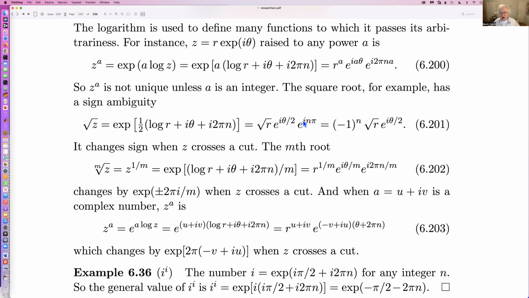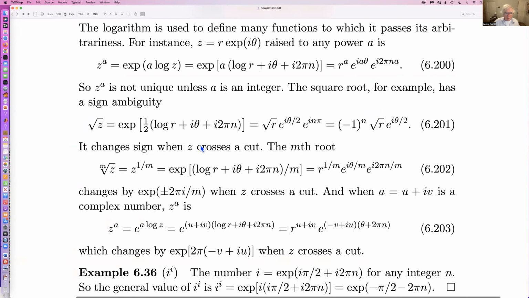So e to the I n pi. But e to the I pi is just -1. So this is -1 to the n. So square root of z is -1 to the n, square root of r, e to the I theta over 2. And there we have, when we cross a cut, what happens is we're changing our value of n from one value to another, and we get a factor of -1.